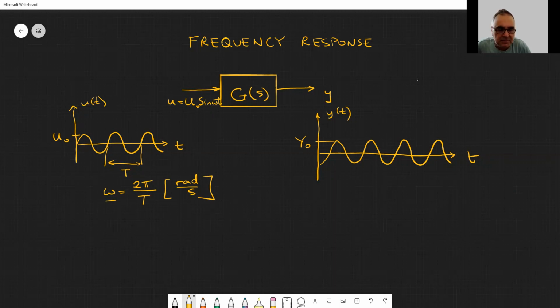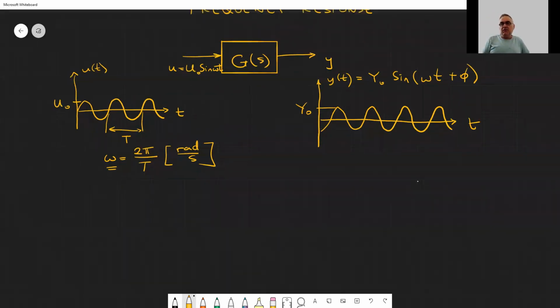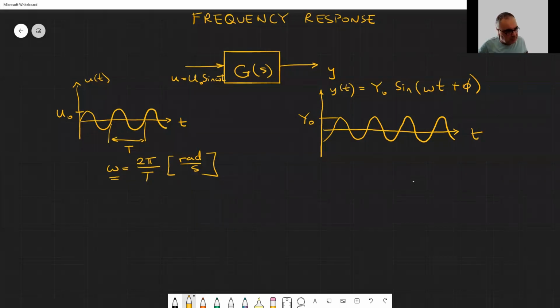That is, y(t) will be something like y0 sine omega t plus some phase angle. We have seen this in the vibrations class also. When you force a system with a sinusoid, the output will be a sinusoid of the same frequency with a phase shift.